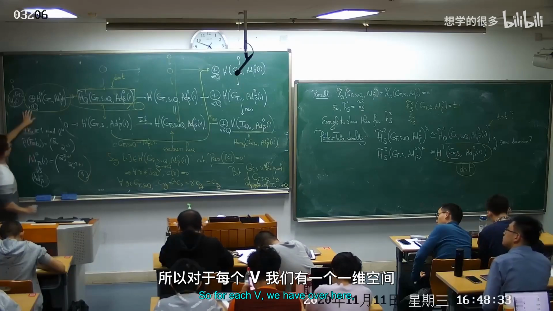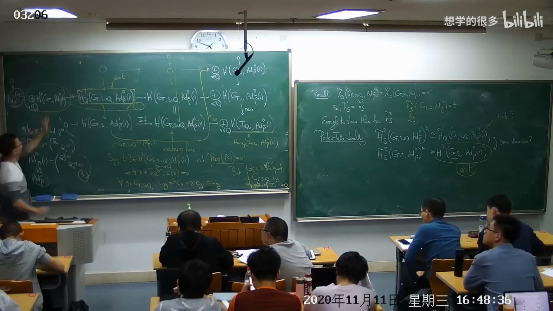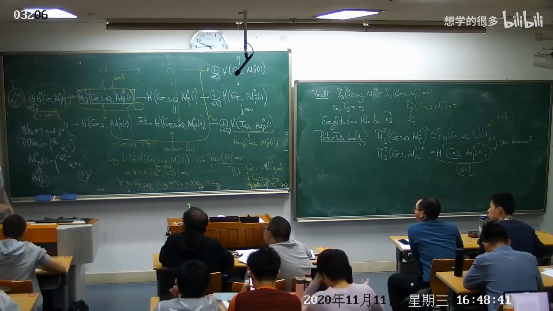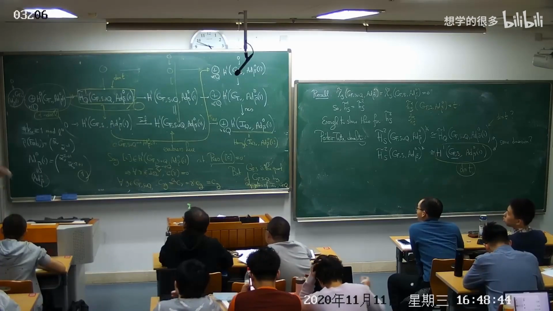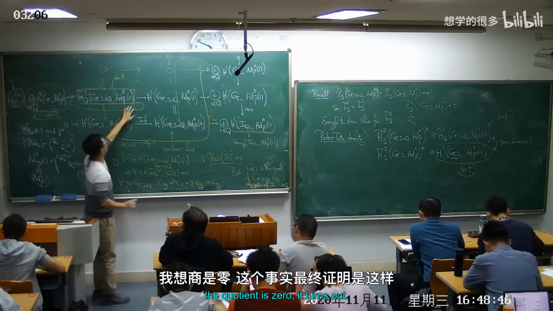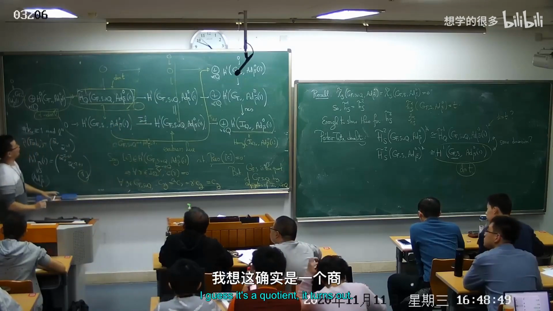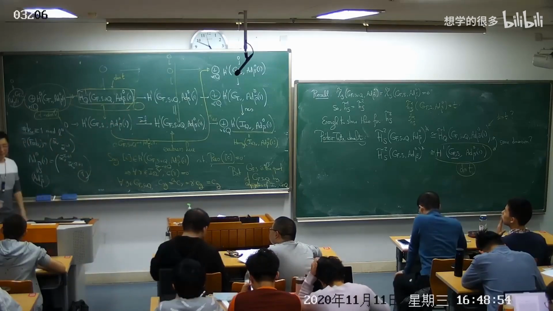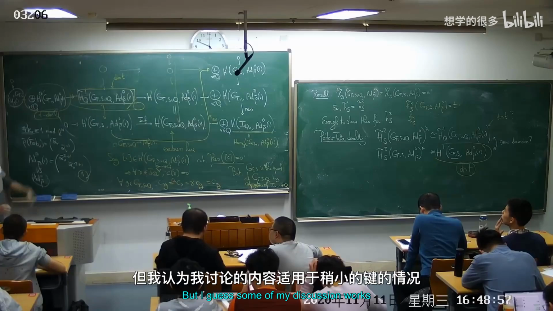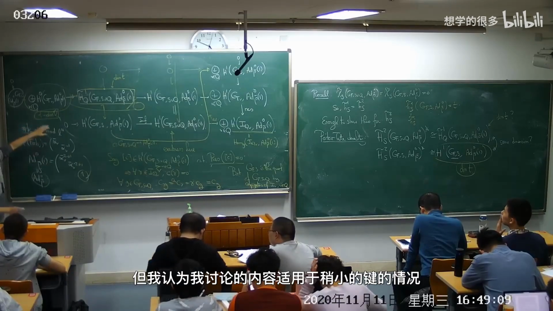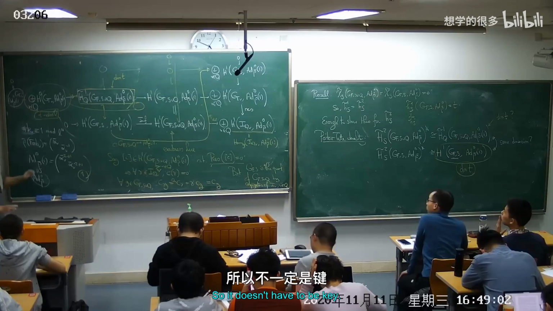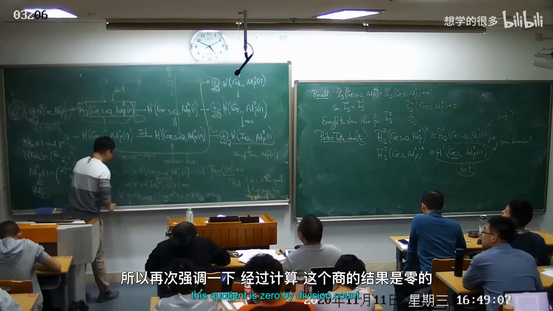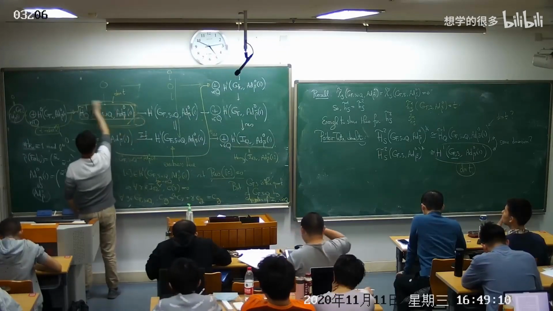So for each v we have over here a 1-dimensional space. Altogether, this is t-dimensional. So the quotient turns out to be 0, because it's t-dimensional here, and it's a genuine quotient. My discussion works for a case when Q is a little bit smaller, so it doesn't have to be t. Anyway, this quotient is 0 by dimension count.